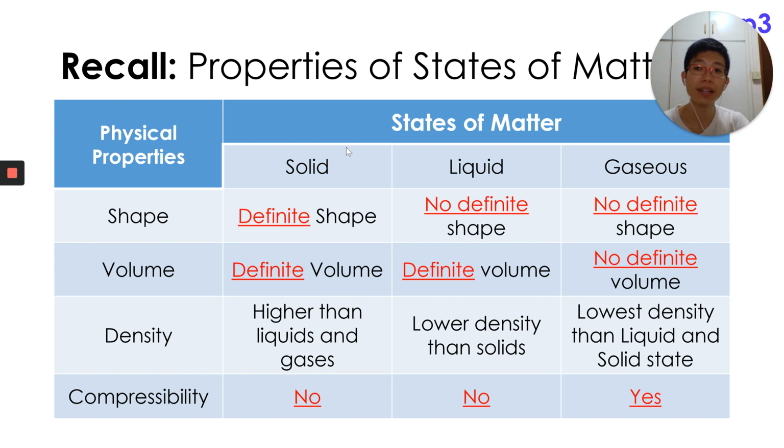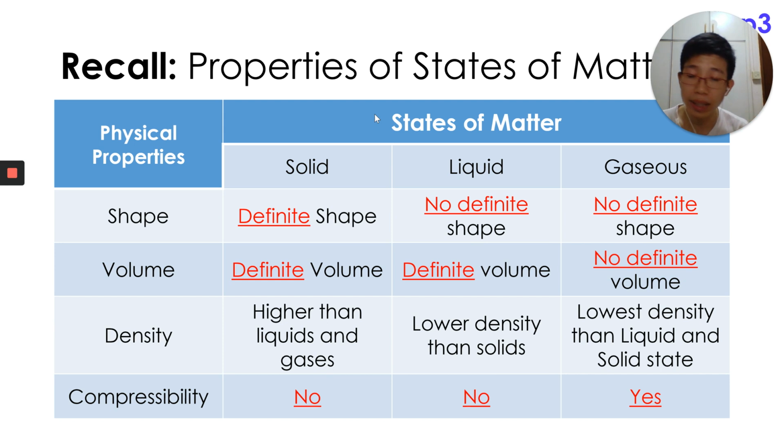For gas, it has no fixed volume. That's why it can be compressed. For density, the order from highest to lowest is: the highest density is the solid, followed by liquid, and lastly the gas. Compressibility means whether it can be compressed or not.